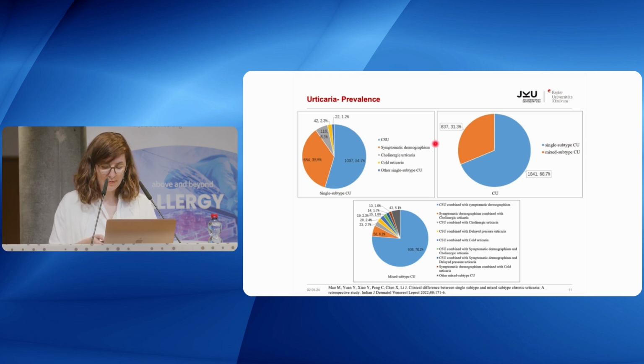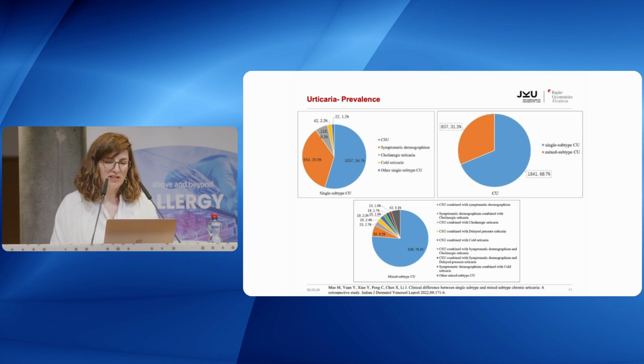About one third of the patients actually have mixed forms, so they can have several triggers. Most common is a combination of chronic spontaneous urticaria with symptomatic dermographism, but all other combinations are possible. This means that they can have spontaneous and triggered urticaria at the same time.